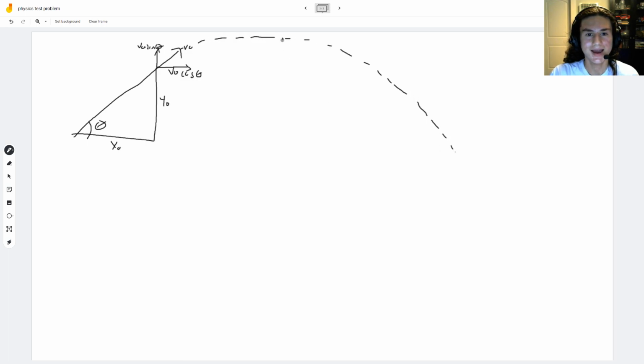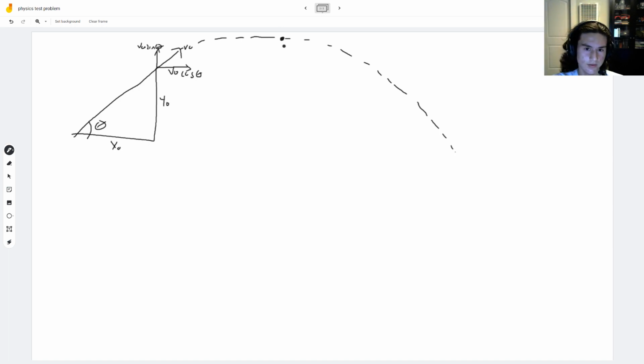So at the maximum height, the important thing to note is that the final velocity in the y direction is going to be 0. Because when we're at the top of this curve, that's where the velocity goes to 0 and then goes back down.